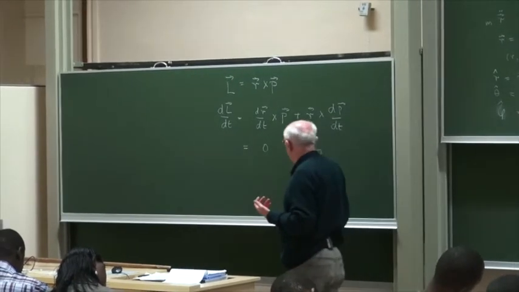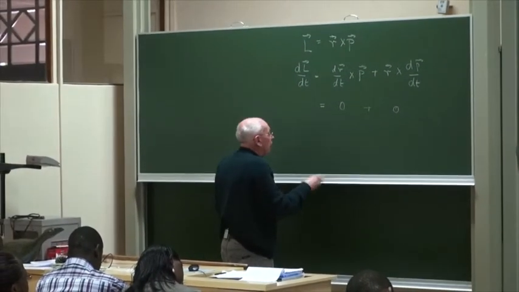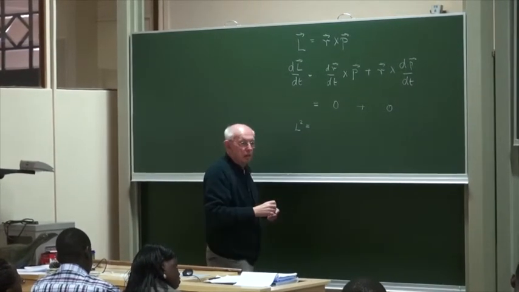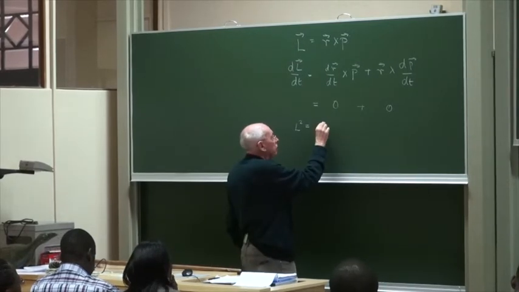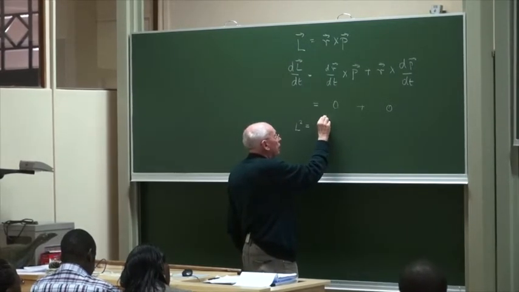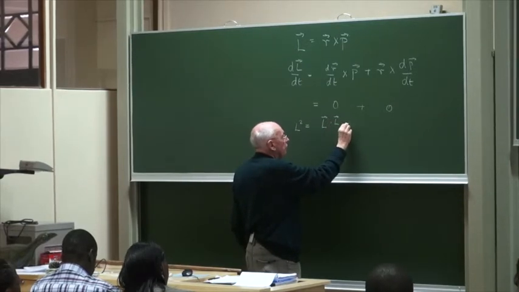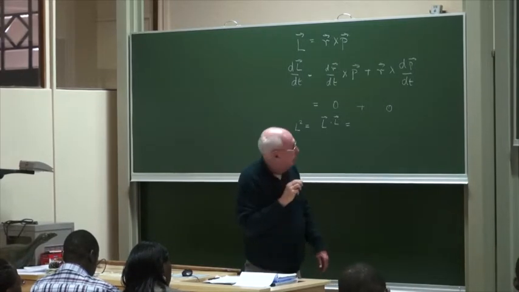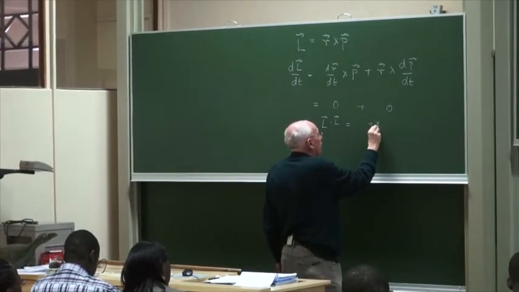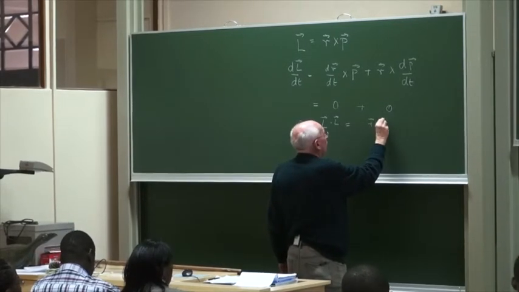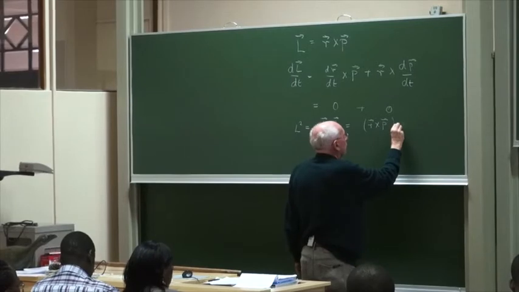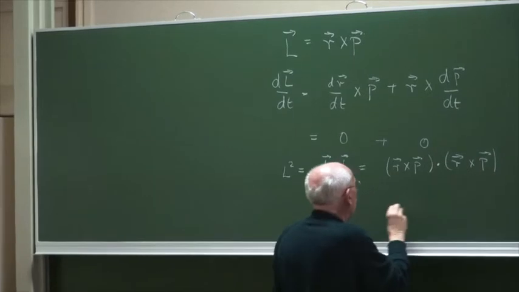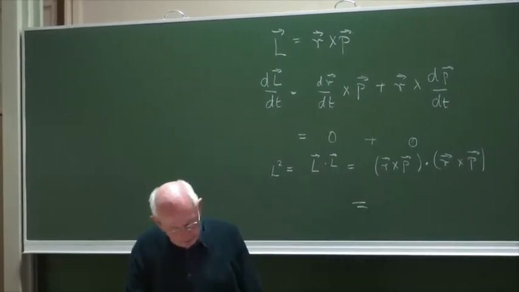And the way we can do it is by looking at L squared. We write L squared is L dot L, and that is equal to R cross P dot R cross P. And now you have to know some vector relations.